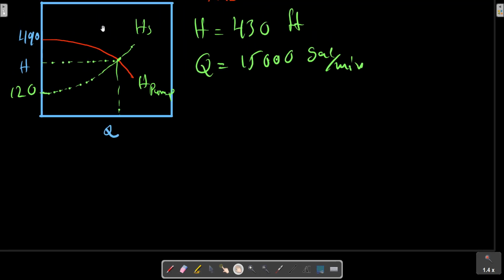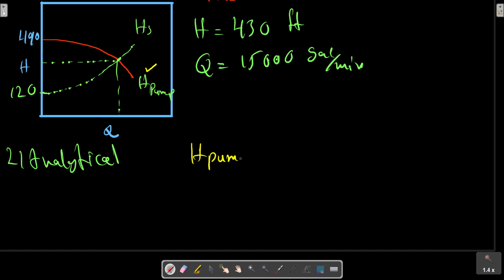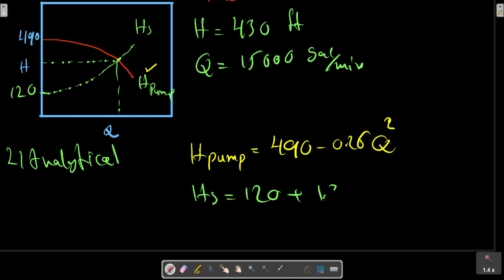The next solution is analytical. Theoretical solution: we should obtain the pump relation, which can be approximated with a second-order equation of Q, and we also have HS from the calculation.